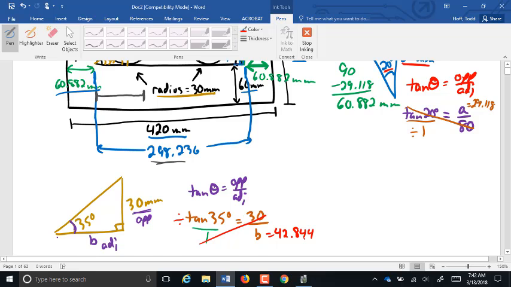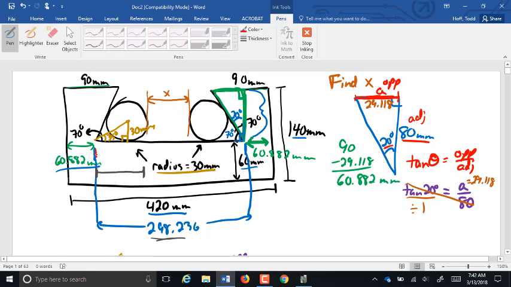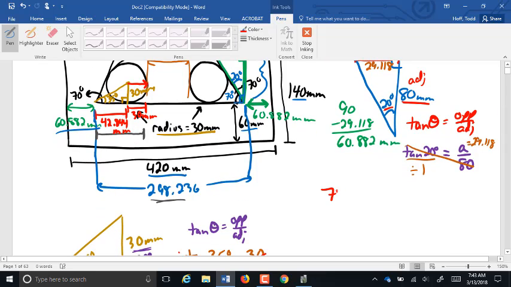So that dimension from here to here is 42.844 millimeters. What about from here to there? Yeah, that's just a radius. That's going to be 30. So 42.844 plus 30 is 72.844.